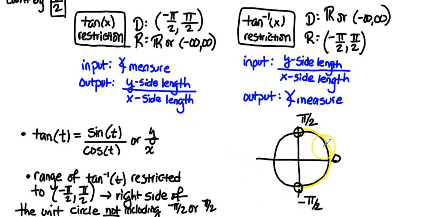So I will be considering inputs that are connected to that y-x ratio for angles strictly on this right half of the unit circle.